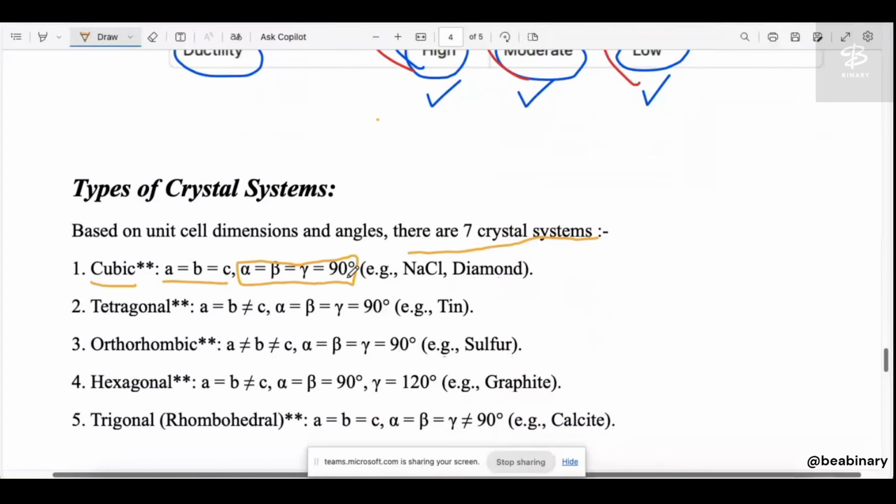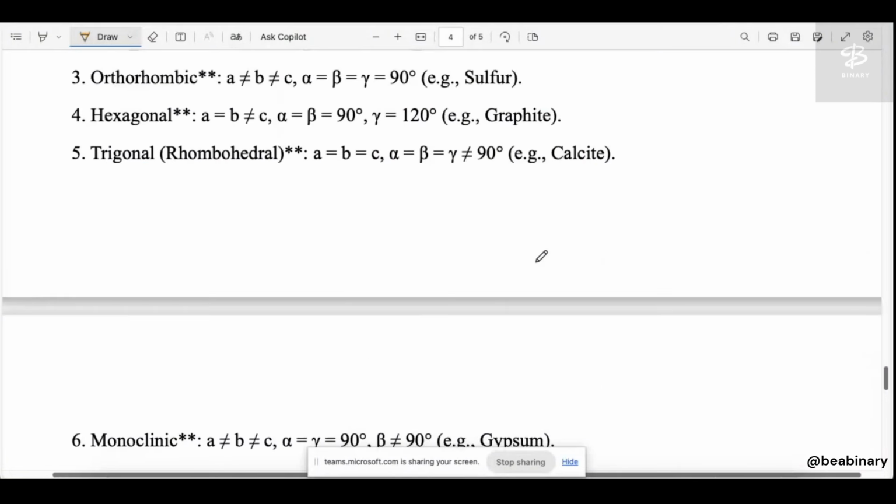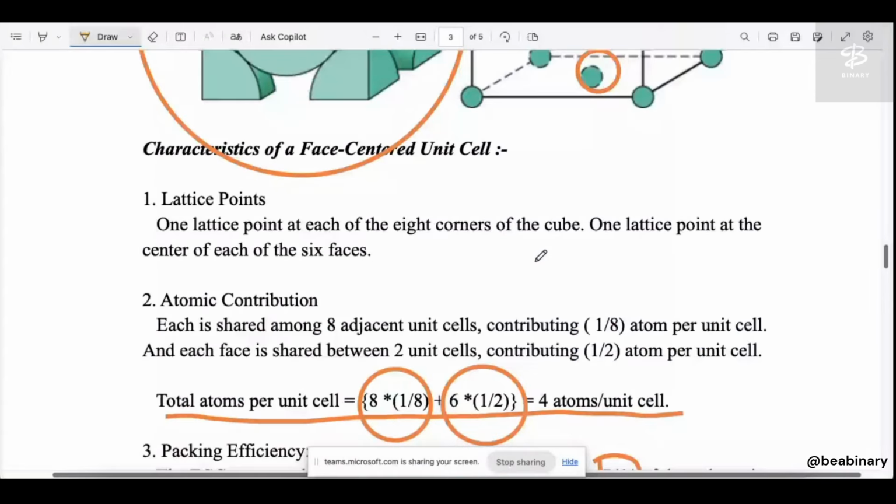Okay, got it. So if we talk about the cubic, whatever unit cells we have discussed till now, I have taken the example of all like this. All are cubic, all have the same angle.